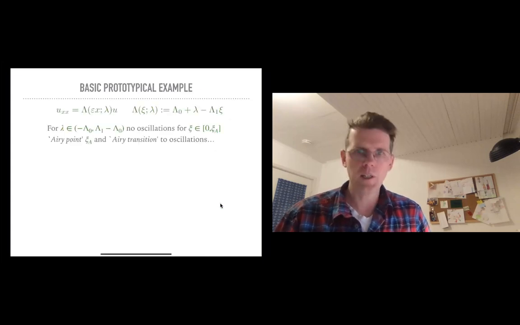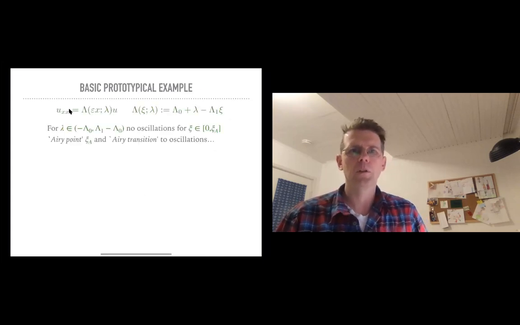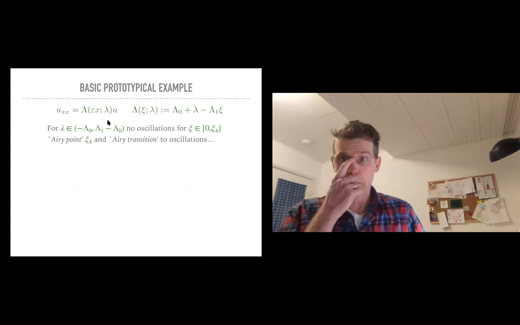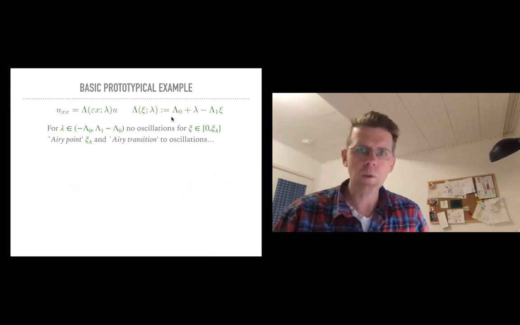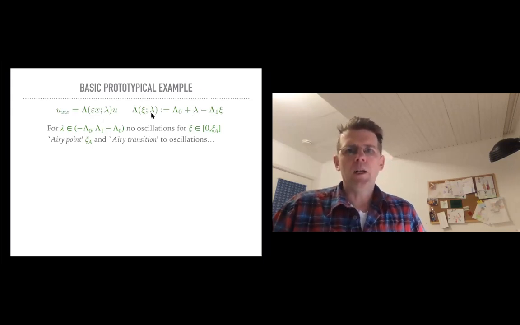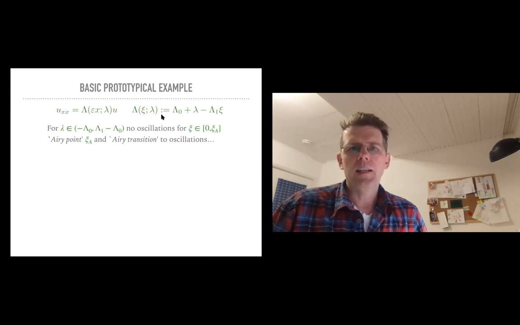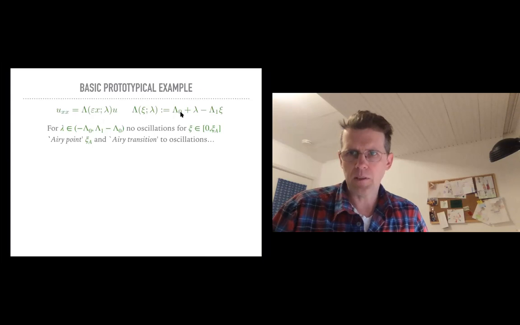I'll just point out what happens in this basic prototypical example by augmenting it in this direction. So here's again the second order operator equation with this eigenvalue parameter as before. What I did before was taking lambda strictly less than minus capital lambda 0, because that guaranteed uniform oscillations.